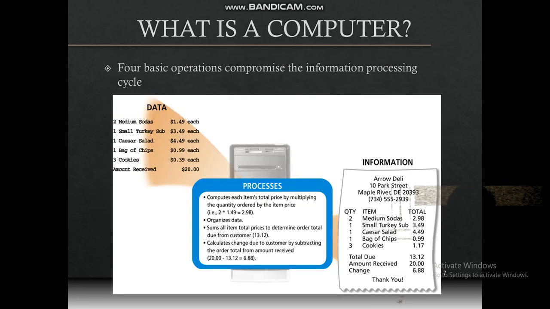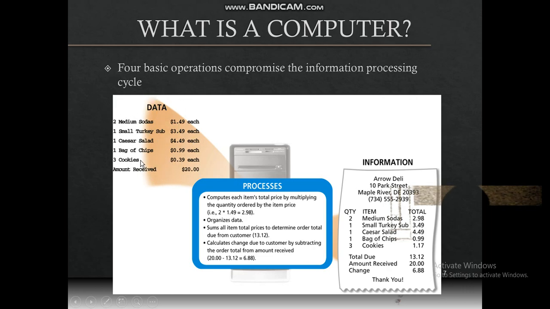All right. So 4 basic operations comprise the information processing cycle, starting with the input. You key in the data into the computer, or you scan the data. When you go to a shopping place, after you finish purchasing all your products, they will scan all the products.